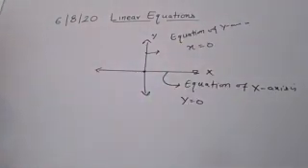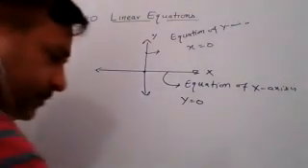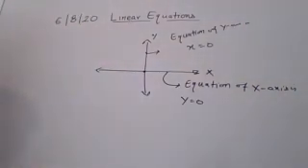Note it. Equation of the x-axis is y is equal to 0. Equation of the y-axis is x is equal to 0. Now in this way, you know the equations of the x-axis and y-axis.